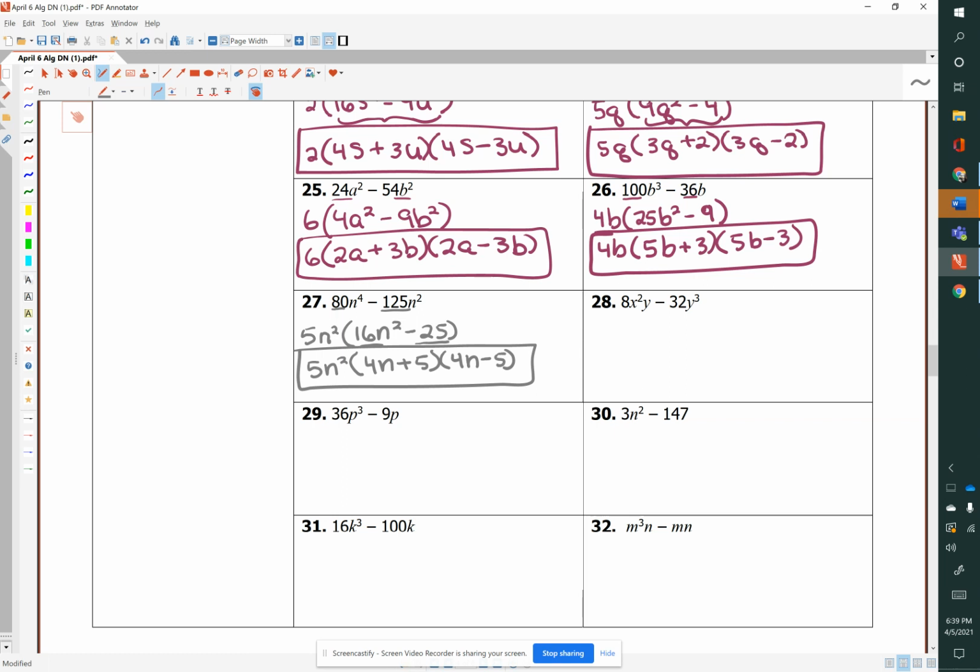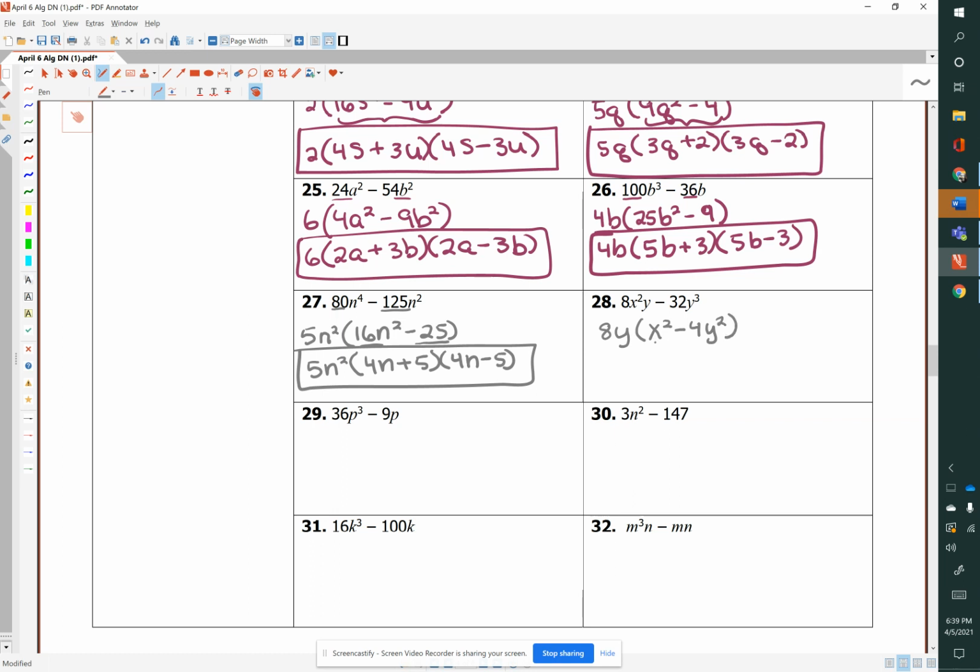Now, in number 28, we can factor out the 8, and we can also factor out this y, and that will give us y squared on the second term. So 8 comes out, y comes out. That gives us x squared minus 32 divided by 8 is 4, and y to the third divided by y is y squared.